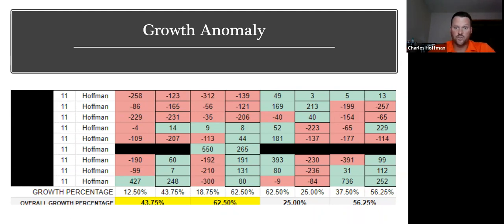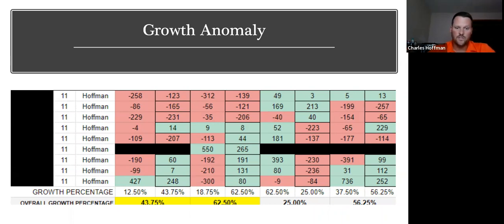They didn't even try. So overall, you see the growth percentages there at the bottom, 43.75% for reading and 62.5% for math. So overall, the students as a whole grew for that end of year assessment.